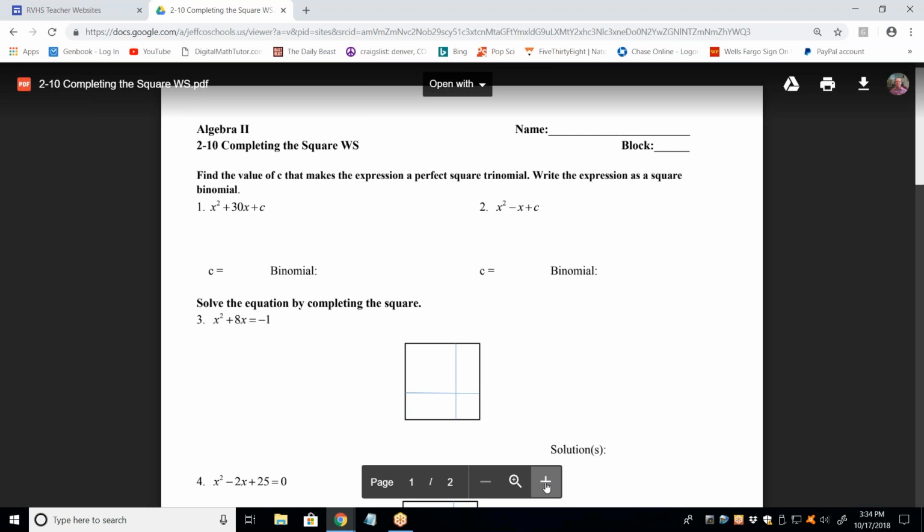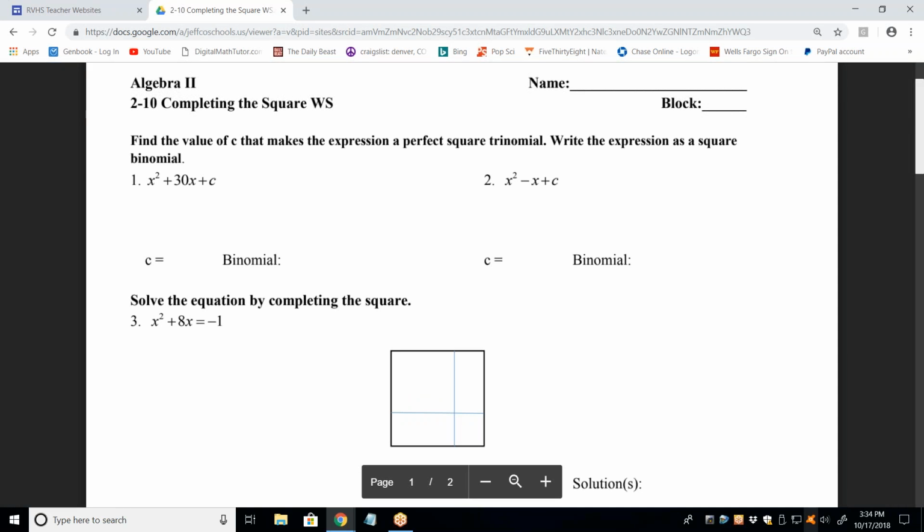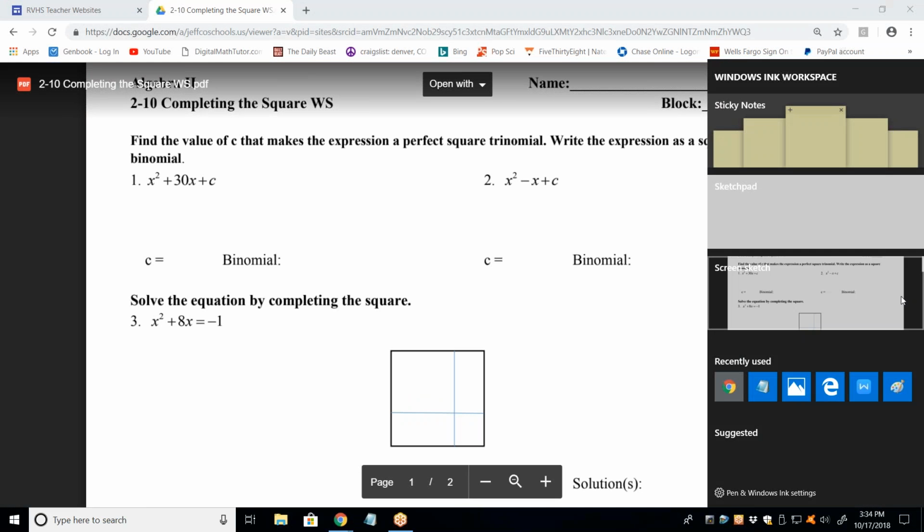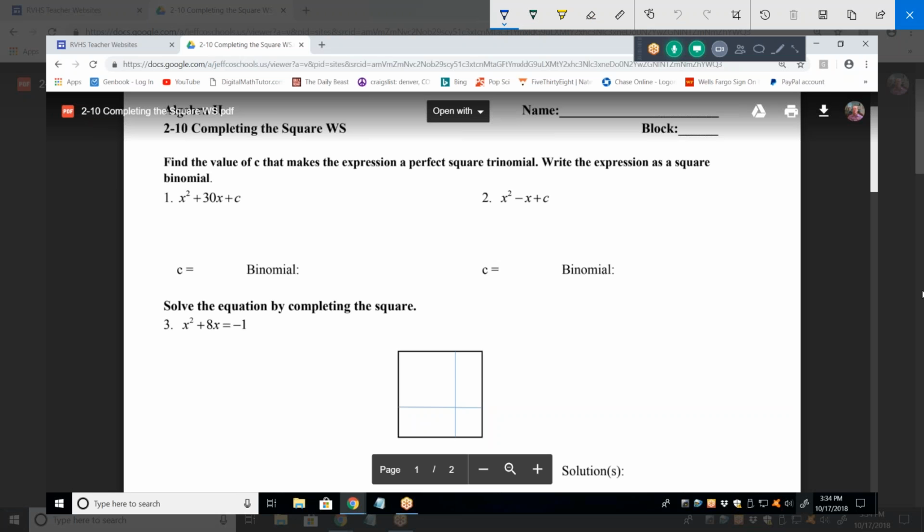Here, let me enlarge this so I get a little more writing space. Bring this up. All right. Completing the square is making a perfect square trinomial. That's what you're doing. What's a trinomial? This is a trinomial. It's got 3 terms.